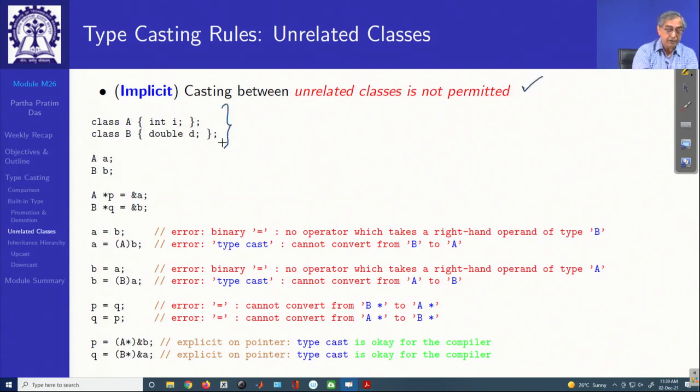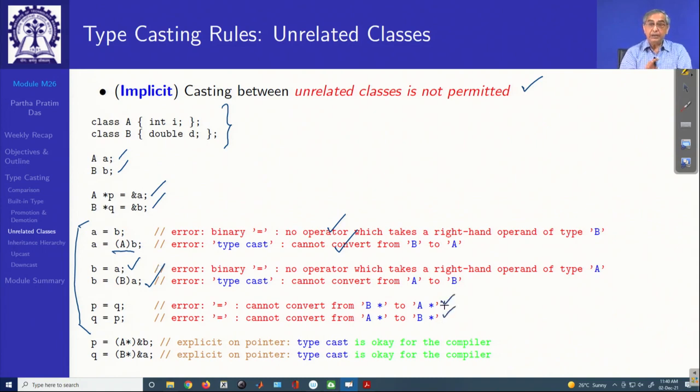That is, if I have just 2 classes A and B, 2 objects, and 2 pointers to these objects, and then I try all kinds of mixed stuff. That is, assigning one object to another, not allowed. Trying to explicitly cast it is not allowed, because there is no conversion available. Similarly, the other way, these are not allowed. I try to cast the pointers, they are not allowed.